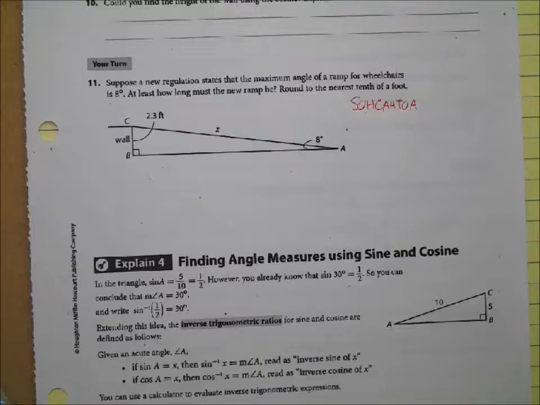Make sense? Looks good. Now, you know what to do from here? We need the x by itself. What's with the x that you need to get rid of? Now, it's 8, right?